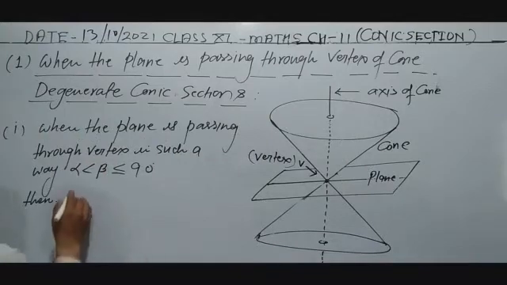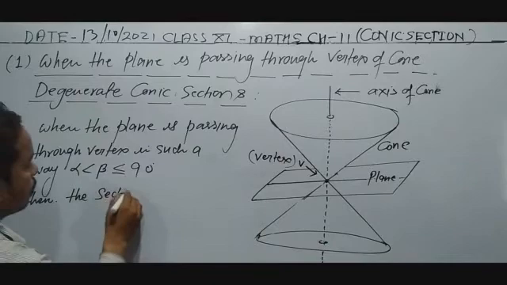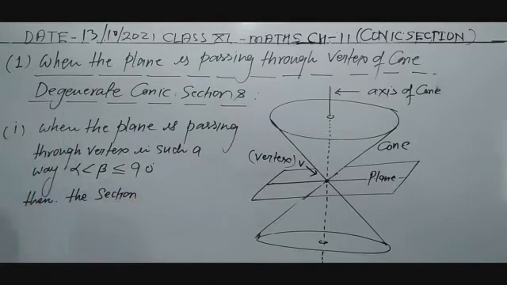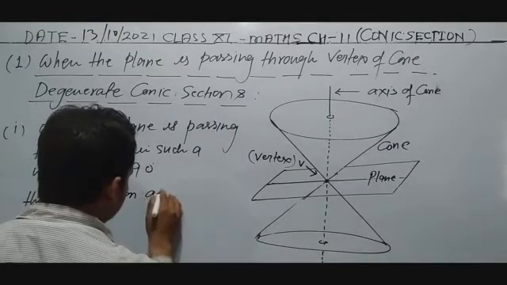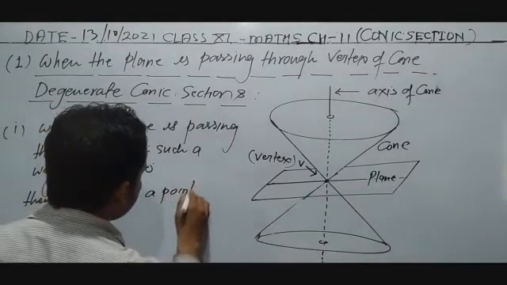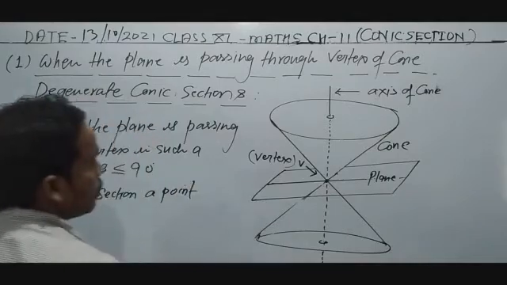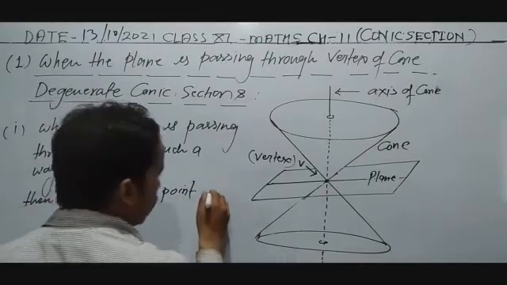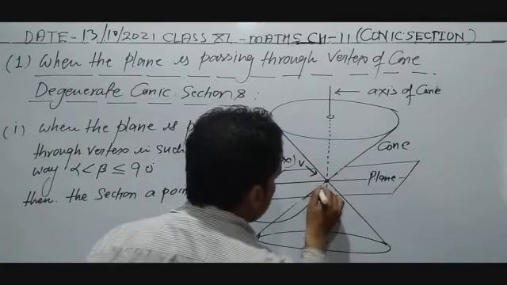You will get this point. Then the section is considered as a point. Section is a point, and this point is this.